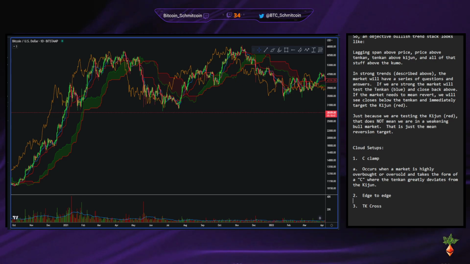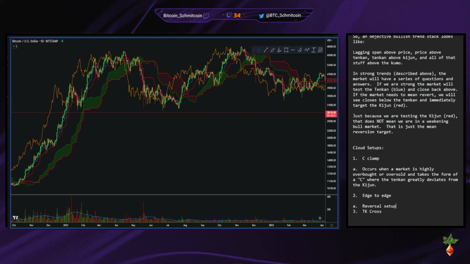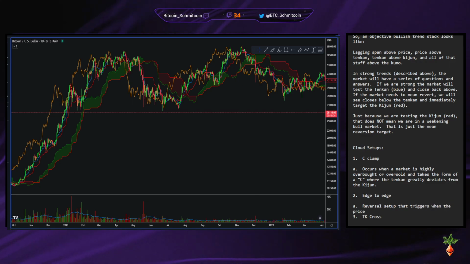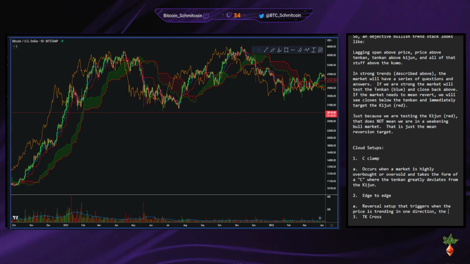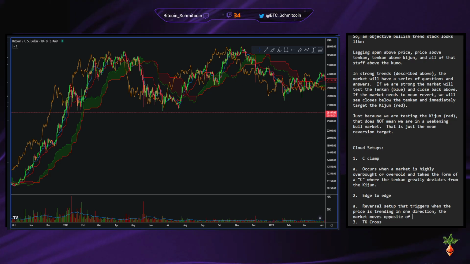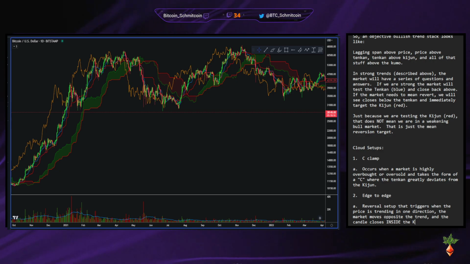Edge to edge is a reversal setup that triggers when the price is trending in one direction, the market moves opposite the trend, and the candle closes inside the Kumo.